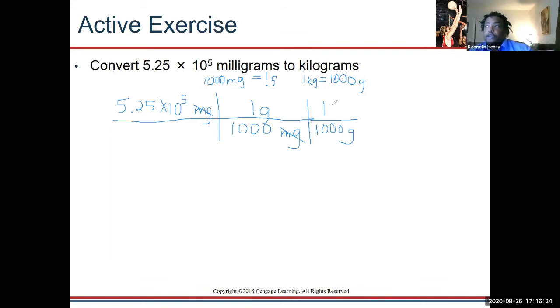Okay, the units that we want, right? And that's what we want to get at the end of the problem. We want kilograms, so that definitely should be up top. So these grams are going to cancel out. If we multiply across up top, and then multiply across the bottom, and then we divide them by each other, what are you going to end up with? 525 kilograms.